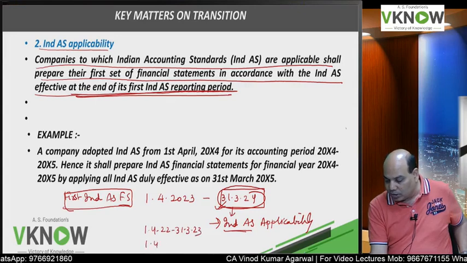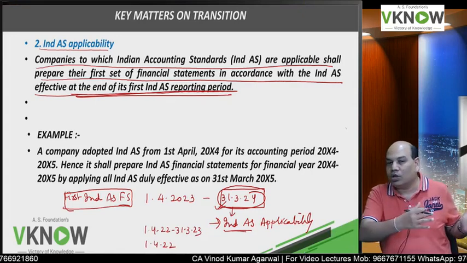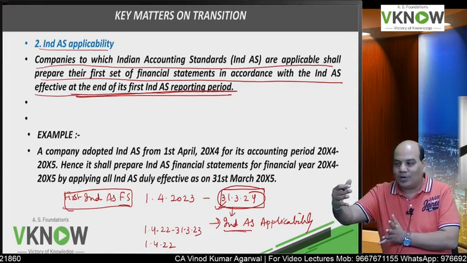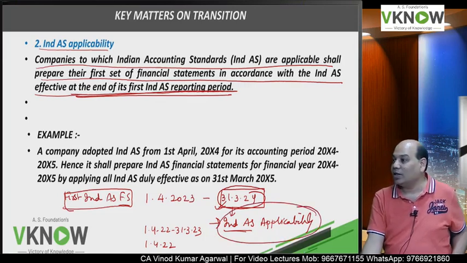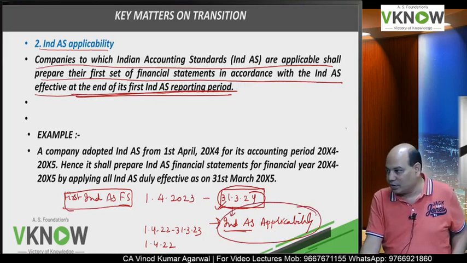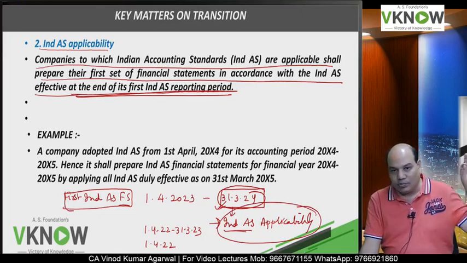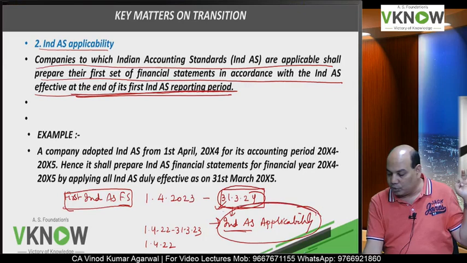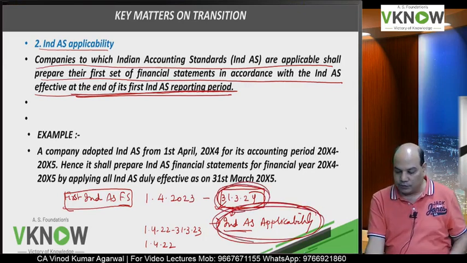That Ind AS will be applied for the opening balance sheet also, so that all the balance sheets, all the comparatives, are based on latest Ind AS applicability. Is it right? So including that 1/4/22, the balance sheet will be based on the provisions and Ind AS applicable on 31st March 24.